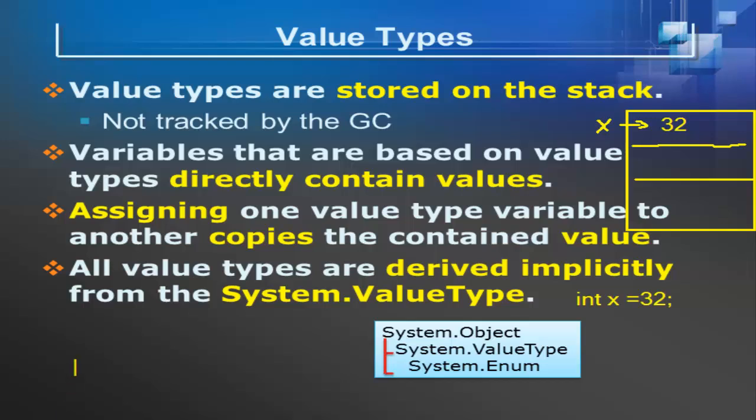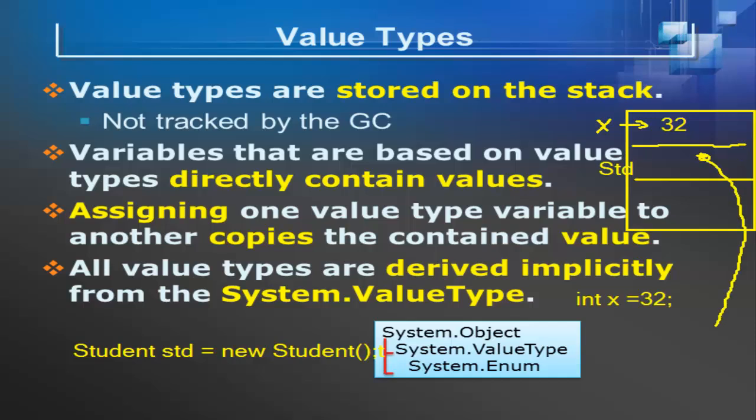Whereas if I create an object, let's say Student std = new Student(), then the std here does not contain the student object, rather it contains a reference to an object that is in the heap.